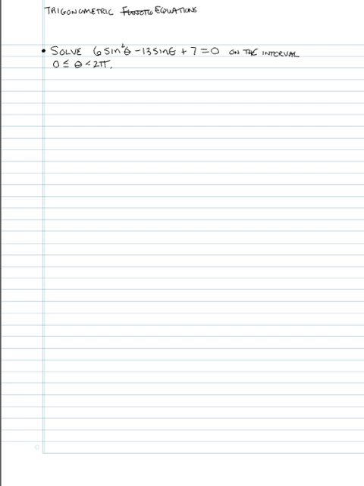But what I'd like you to note is the equation we see here looks similar to what we would have if we had 6x squared minus 13x plus 7 equals 0. And that, of course, is a quadratic equation in the variable x. What we have above is a quadratic equation in the variable sine of theta.